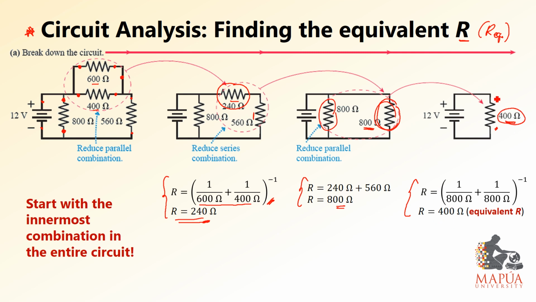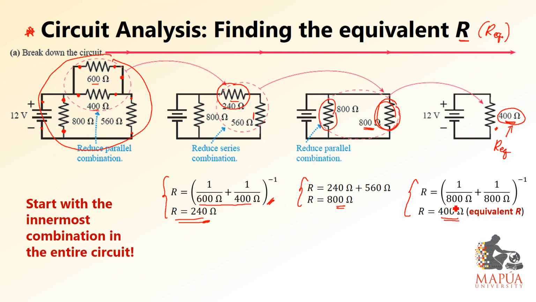And because our circuit is now a simple circuit containing one resistor and one battery, we can now consider this as our equivalent resistance. So the equivalent resistance of this combination of resistors is 400 ohms.